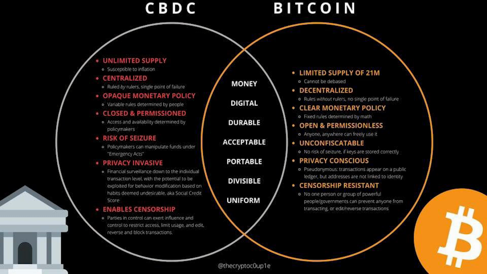Pseudo-anonymous transactions appear on a public ledger, but addresses are not linked to identity. Censorship resistant. No one person or group of powerful people or governments can prevent anyone from transacting or edit and reverse transactions.